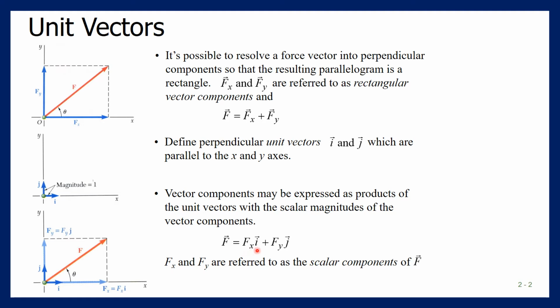So Fx i means Fx in the x direction. Similarly, in the y direction we have Fy j, and these Fx and Fy are the scalar components of F. So they are the magnitudes and this will show the direction. In this way you can break any force or any vector, whether it is a displacement vector, force vector or any other vector, into the components.